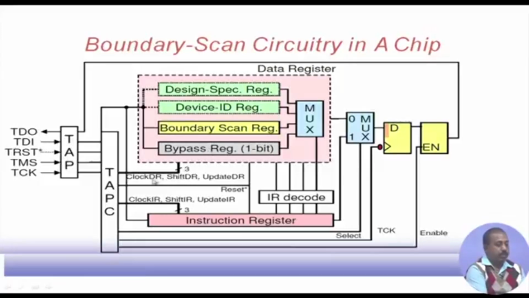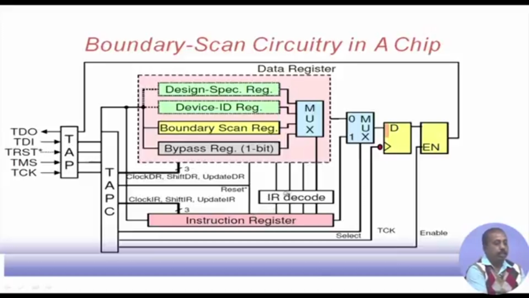Now, there are some signals like clock to the data register, shift to the data register, and update data register. We will see these as we proceed. There are some cells and registers that we will see, and the instruction that is coming goes to an instruction register decoder.